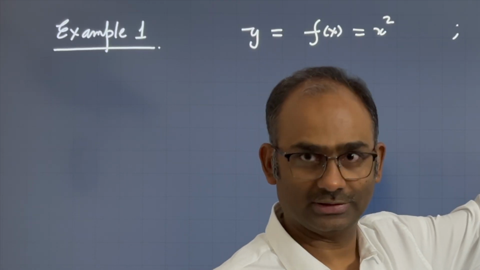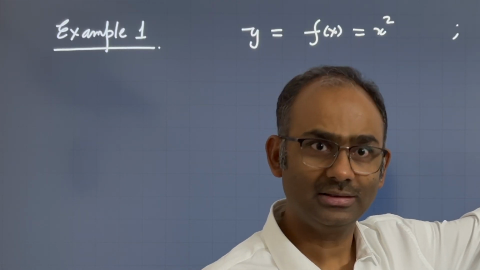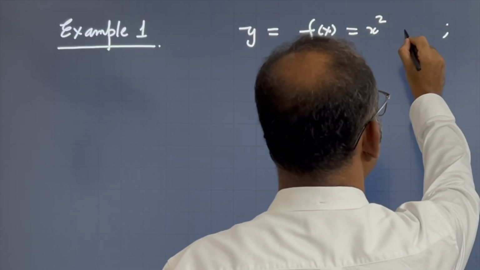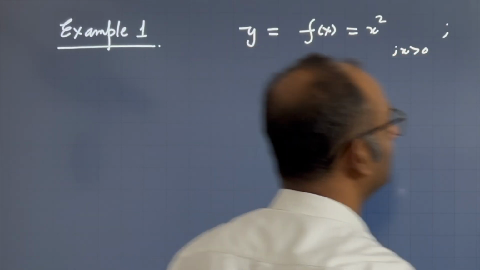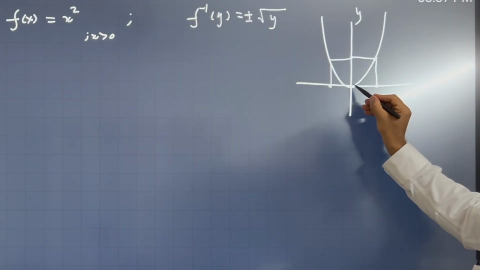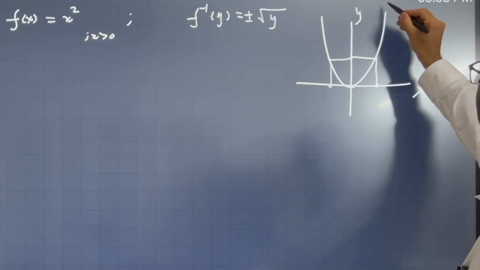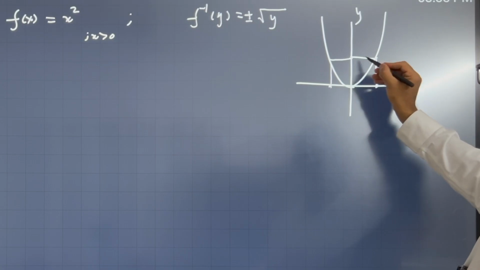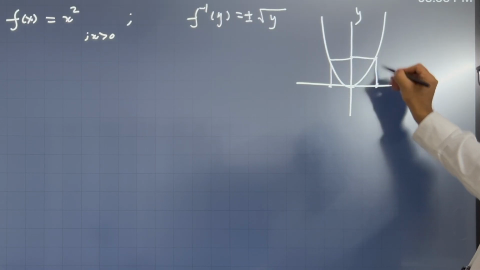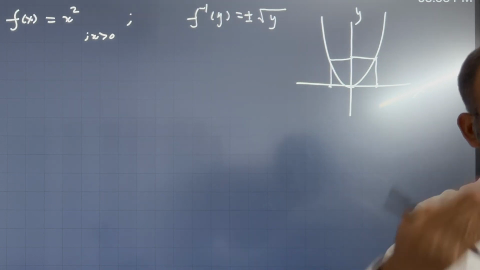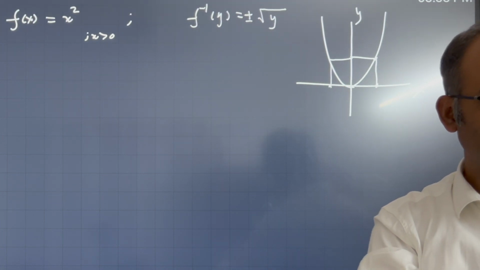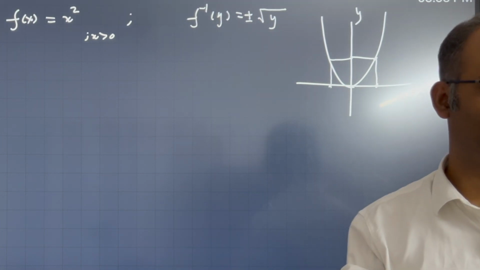So I will choose one of these. Here, if I restrict this to x greater than 0, then I'm only in this part. And when I look at the inverse corresponding to this, there is only a unique answer because this is not part of it. So if I restrict the value of x for the function, the inverse function gets well defined. Is that fine?